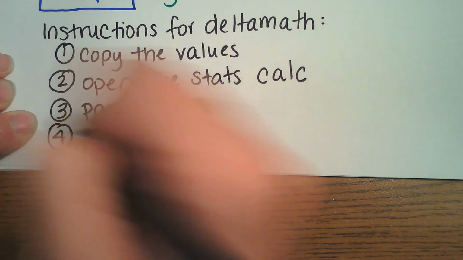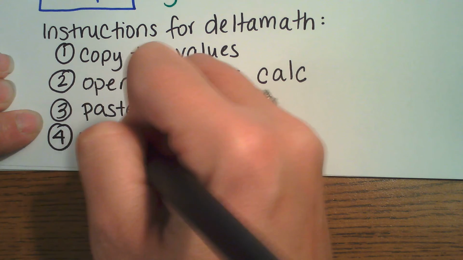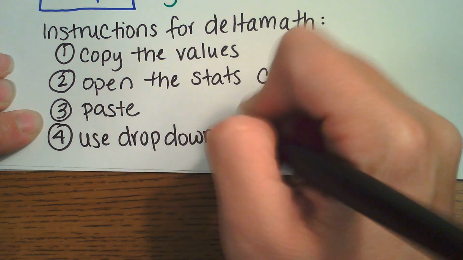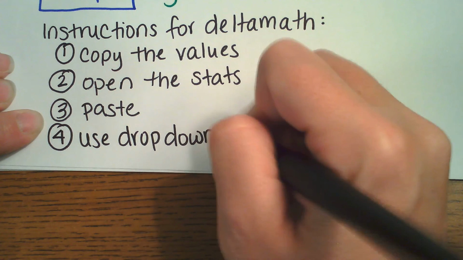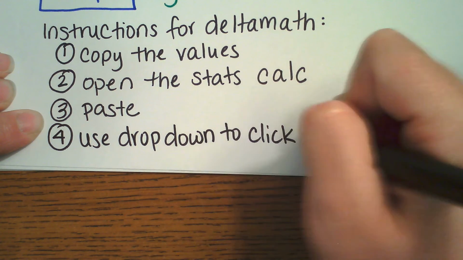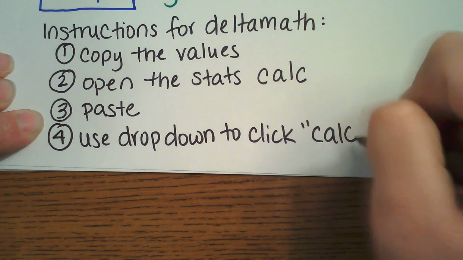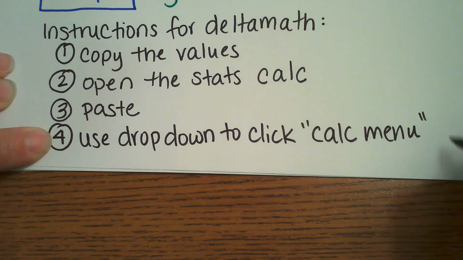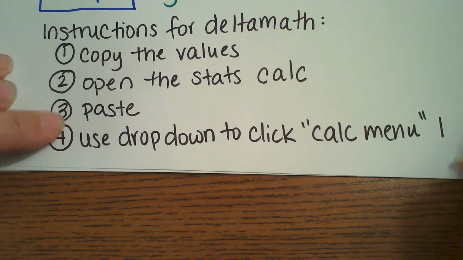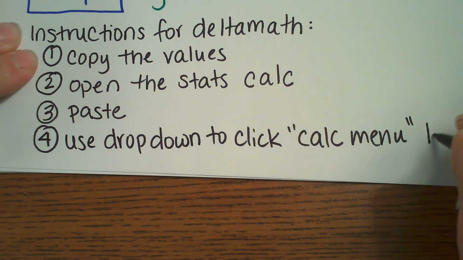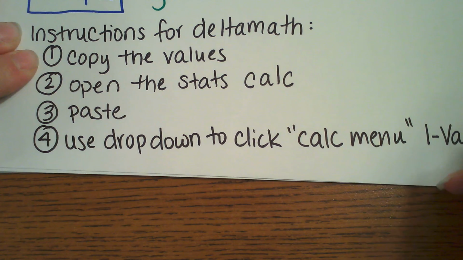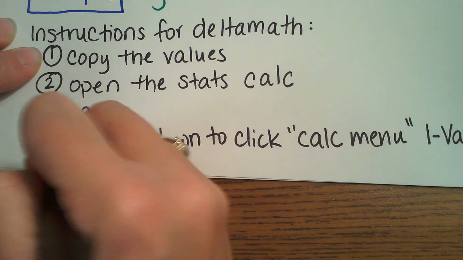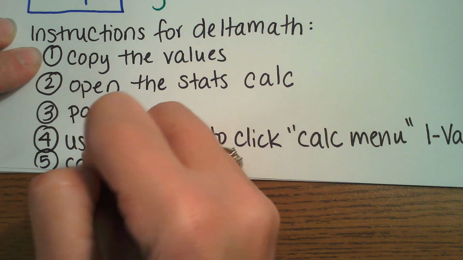Now, we'll use the drop down to click Calc Menu, and we want one variable stats. And last, we calculate.